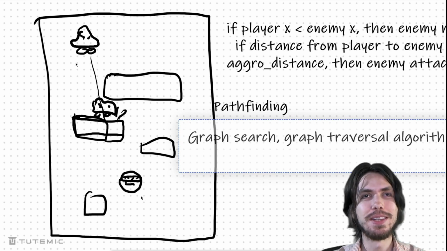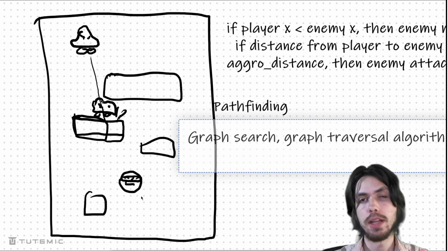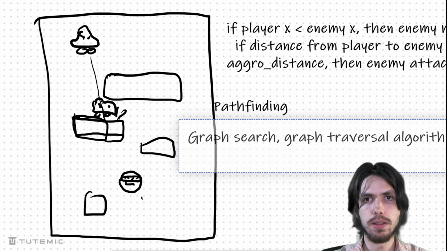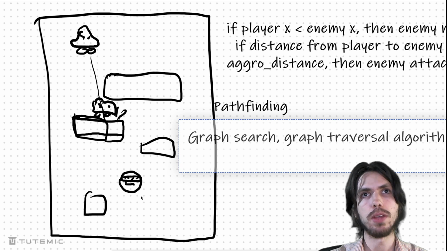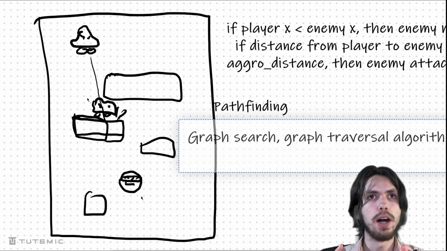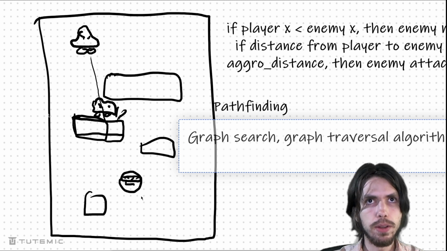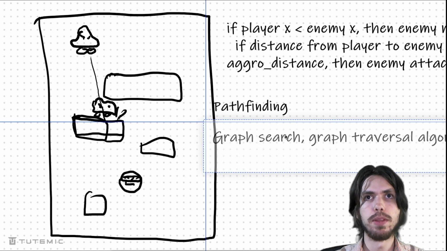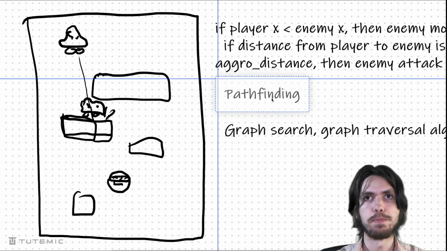All right, so we can consider each of these little points, these little nodes, to be positions that the enemy can be in. Let's say the registration point for the enemy, whether that is the center or the bottom or whatever it is of the enemy, these individual points that you can hopefully see in the background of this whiteboard represent the individual points that the enemy can be.